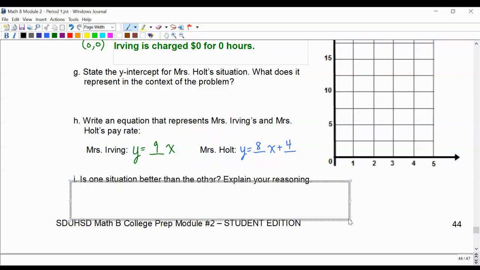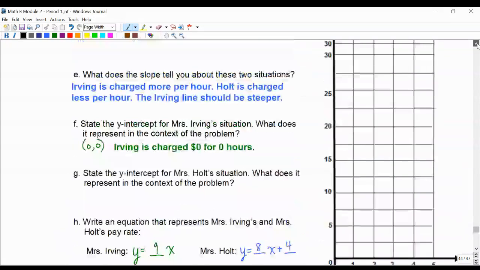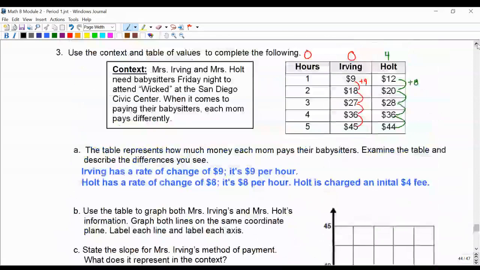All right, and then we're going to describe is one situation better than the other. In fact, let's look up at the top and even look at our table. You could also look at your graph. So if it's only going to take an hour to go to Wicked for some reason or to hire a babysitter, I might choose the Irving option because it only costs me $9 versus $12.